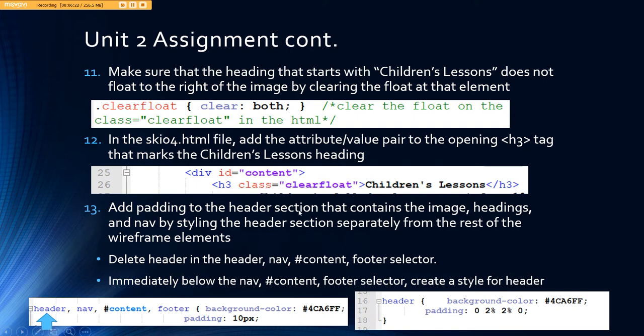Then you're going to add padding to the header section that contains the image headings nav by styling the header section separately from the rest of the wireframe. So you see that right now it's header nav content footer. You need to delete the header so that this line starts with nav. And then right under that, you're going to create the header, the background color, and the padding.